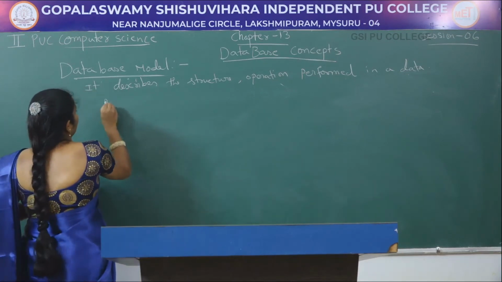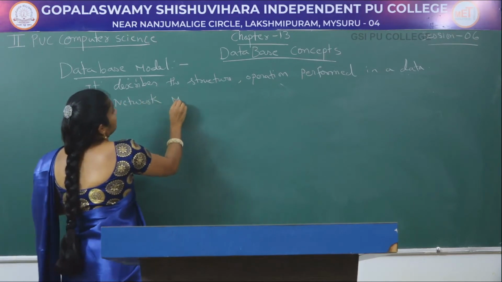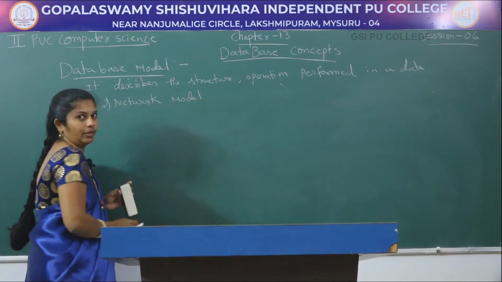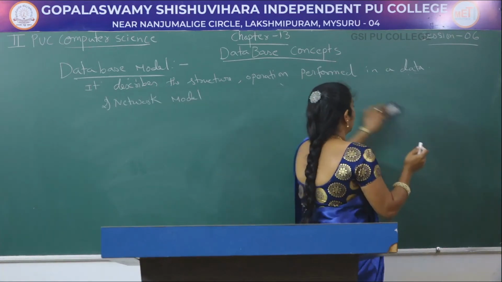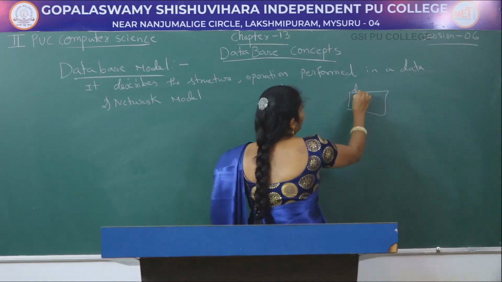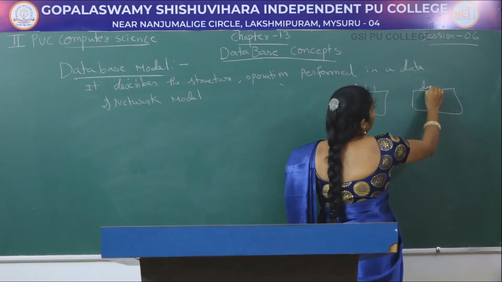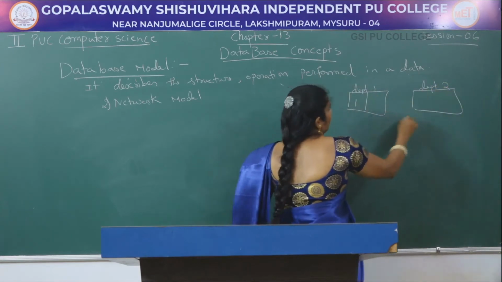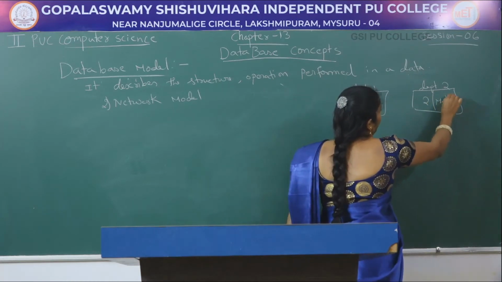And the second one is the network model. What do we mean by this network model? I will show this with one diagram. Consider that here we have department 1 and here we have department 2. For example, 1 and here 2: the CS department and here the maths department.